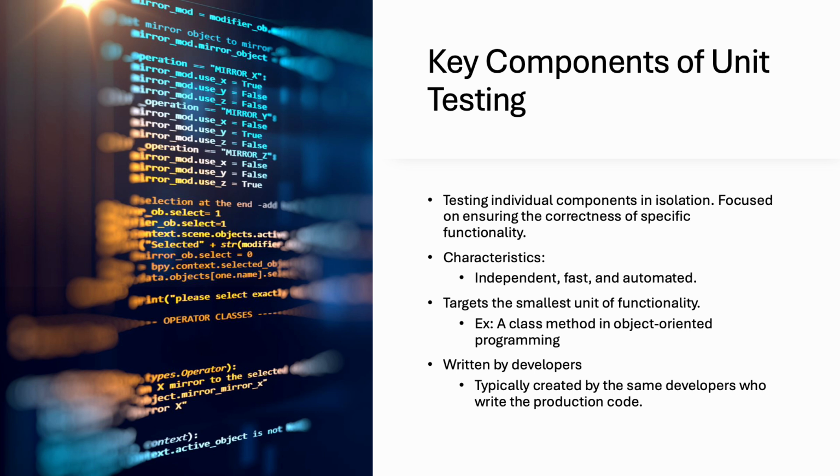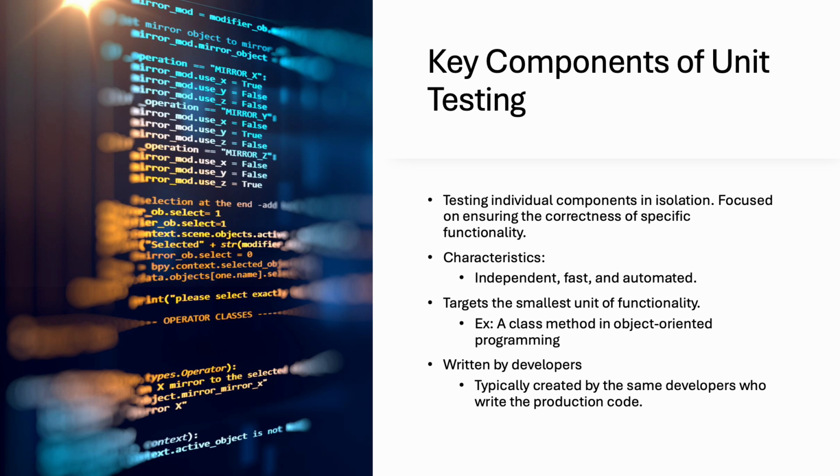Speed is a critical factor since unit tests are designed to be fast. This frequent feedback after every code change helps catch bugs early. By automating test execution, programmers save time. They avoid manual errors and maintain consistency.